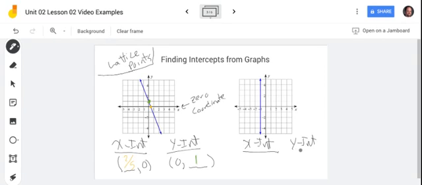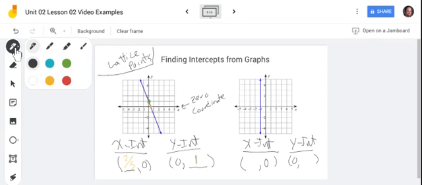I always like to put some titles down. And I know that my x-intercept is something, 0, and my y-intercept is 0, something. So let's look at our x-intercept first. So again, I'm going to go to orange. Notice this blue line does cross the x-axis right there at -1.